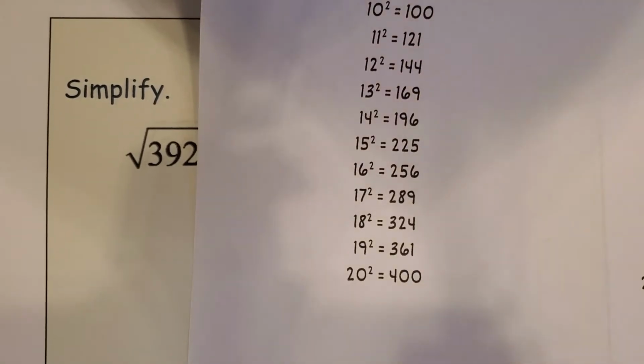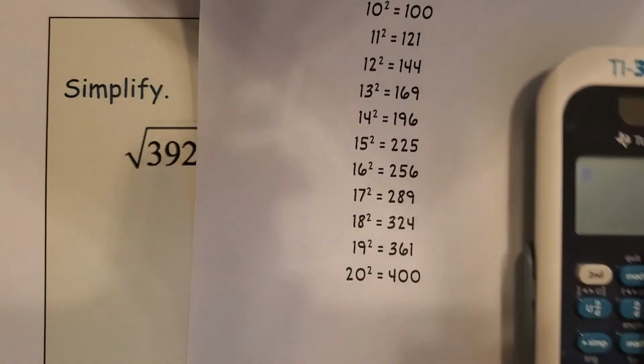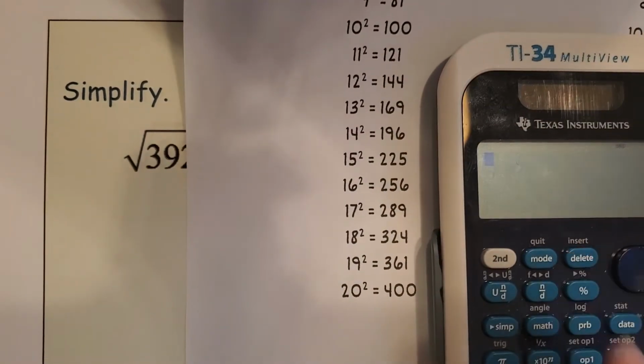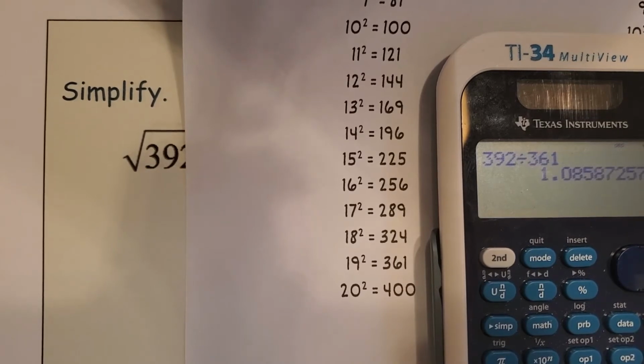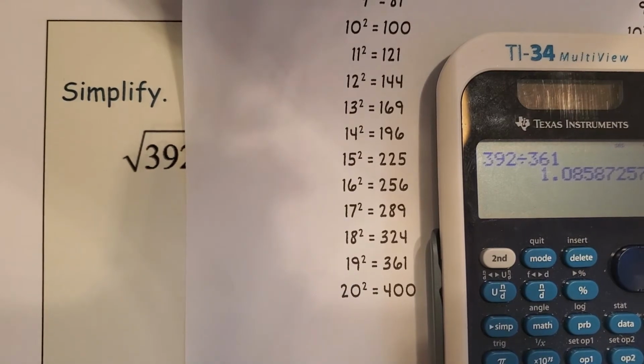So we're going to start with our calculators and do 392 divided by 361. All right, I didn't think that was going to work. But from there, we're going to go up this list until we find a perfect square that 392 is divisible by.